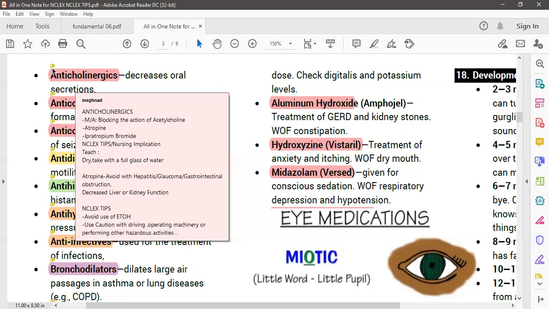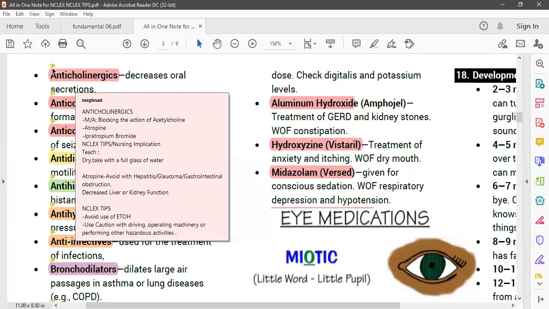So, NCLEX note: if your patient needs to take atropine, ipratropium bromide or an anticholinergic, educate your patient to avoid this group of drugs with alcohol, ethyl alcohol.